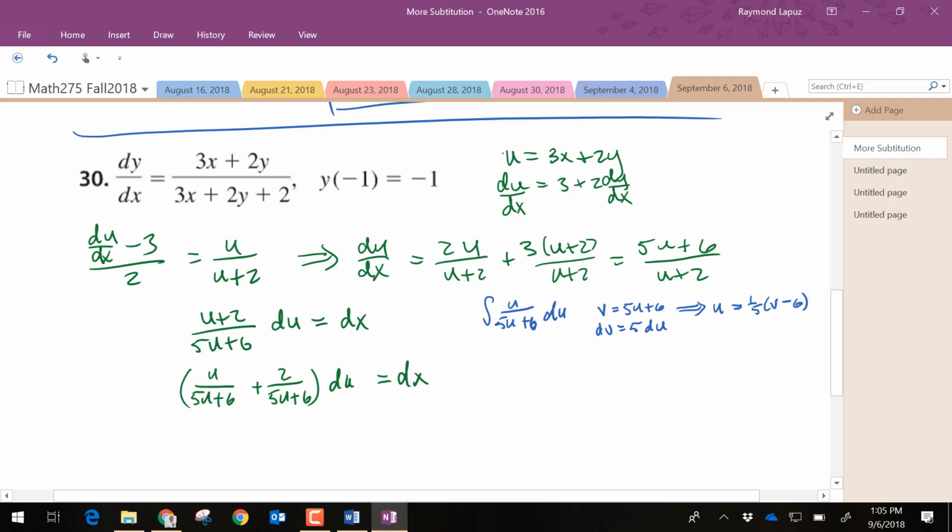Solve for the u up there so I can replace the u in the fraction. So let's see how this all plays out. This thing is going to be the integral of (1/5 v minus 6) divided by v, and then du is going to be dv over 5.